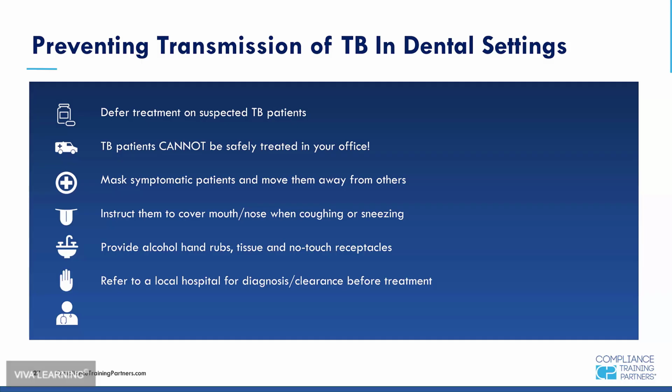But we also want to have a place we can send people if there's a sharps injury, if somebody needs hepatitis B vaccine. So I would try to form that relationship ahead of time. But regarding TB, again, we need to defer treatment on those patients. We can't see them. It's too dangerous to treat them in our office, according to OSHA and CDC.